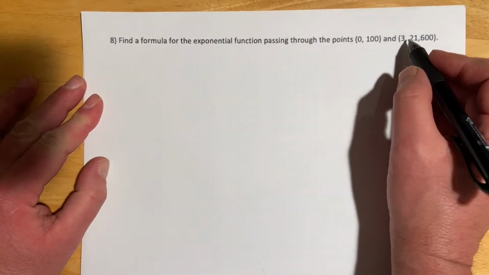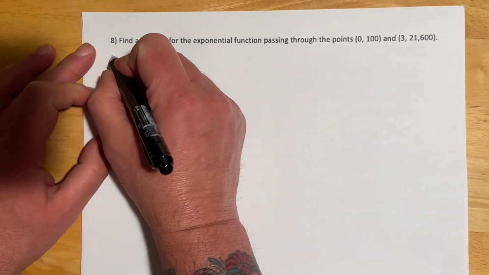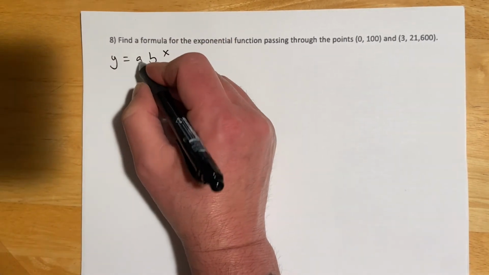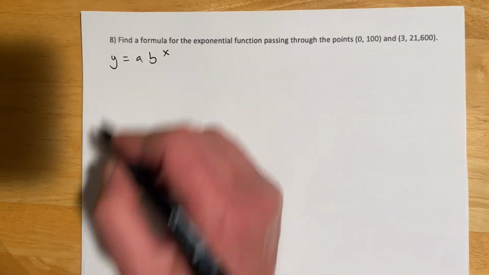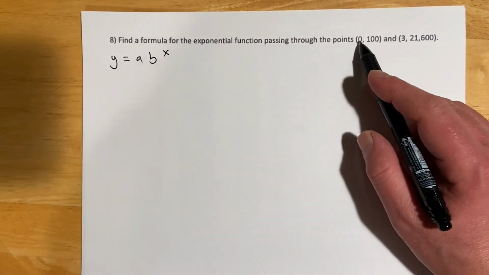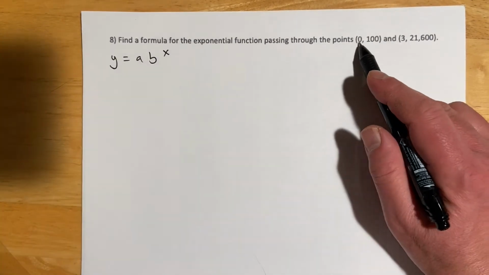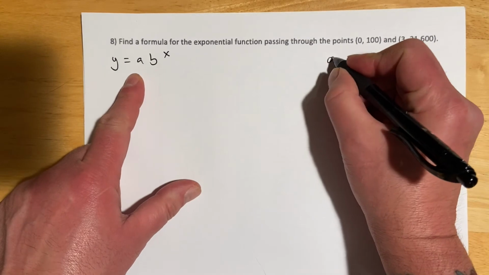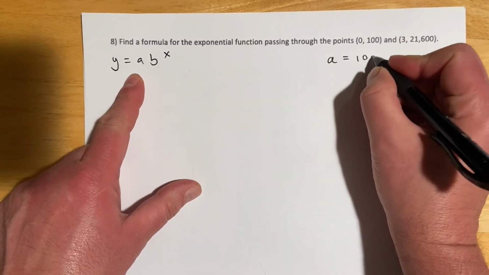Okay, and now the rest of these are going to use that same notation that I was using, which is y equals ab to the x, where a is our initial value. So for this one, we're given these 2 points, (0, 100). Well, when x is 0, y is 100, that's great. That is our initial value. So now we know that a is 100.